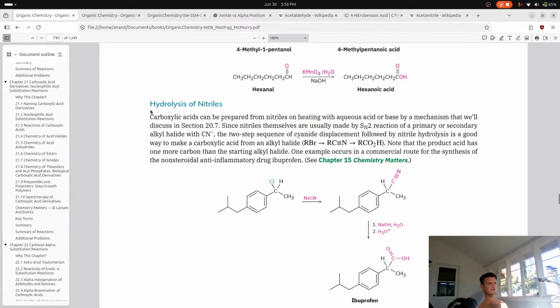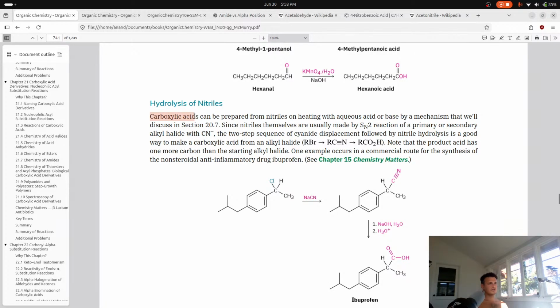Hydrolysis of nitriles. Carboxylic acids can be prepared from nitriles on heating with aqueous acid or base by a mechanism that we'll discuss later.